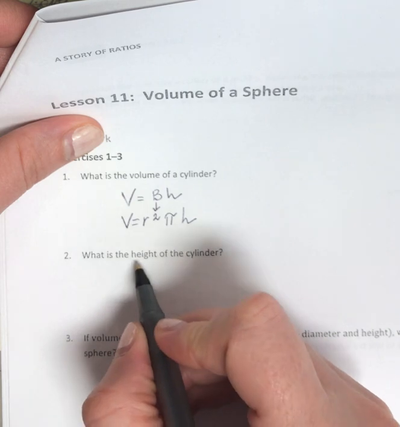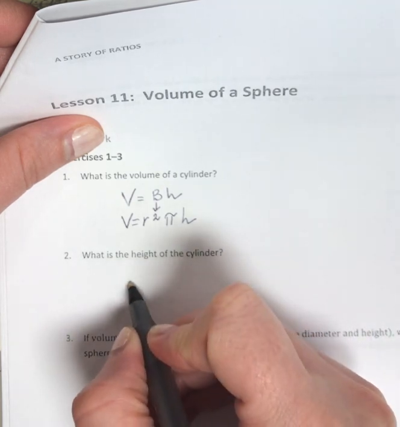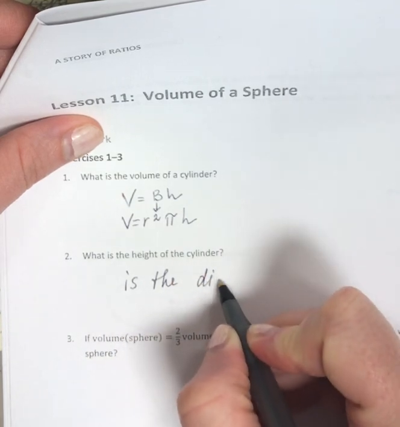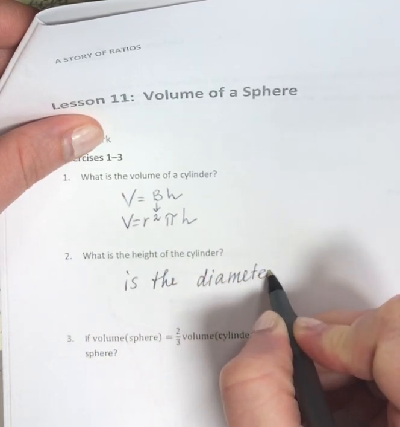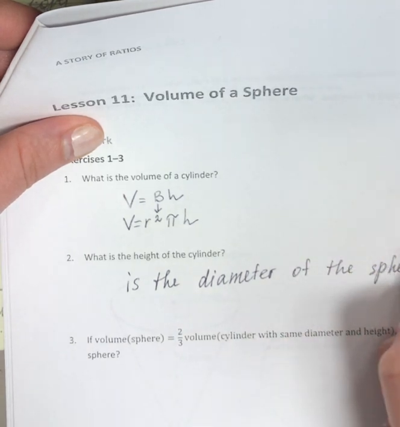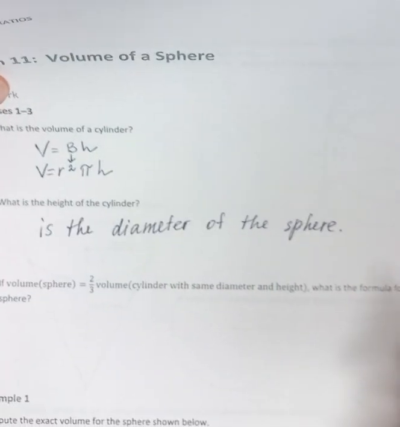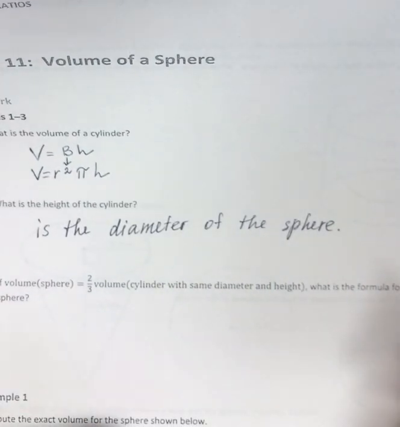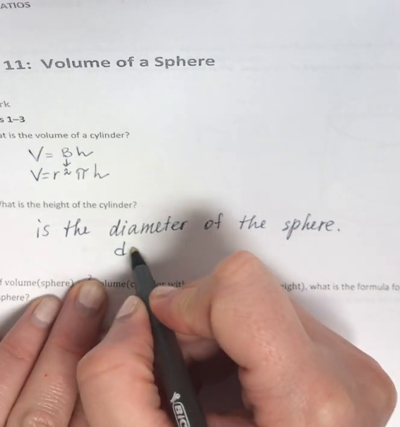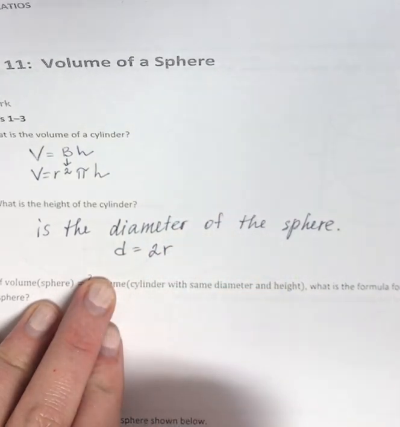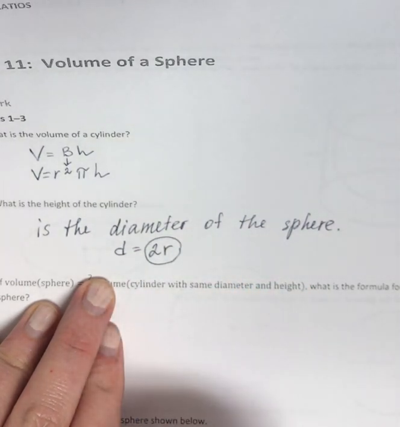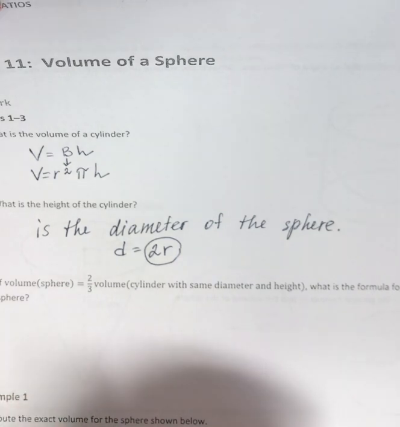So we can call the height of the cylinder the diameter of the sphere. The diameter of the sphere is d, that we can find by multiplying the radius by 2. And that's the one we are going to use, 2r, for the diameter of the sphere or for the height of the cylinder.